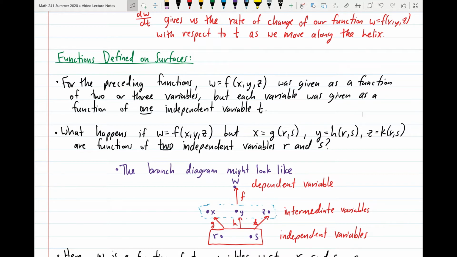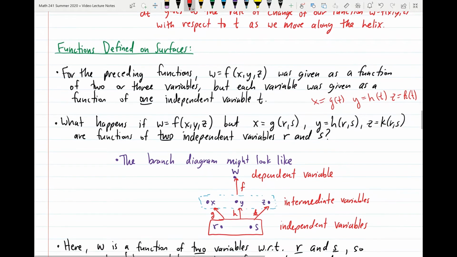Whether it was 2 or 3 was kind of irrelevant, but each variable was given as a function of one independent variable t. So we would write x as a function of t, say g of t, and y was a function of t, and even z was just a function of t.